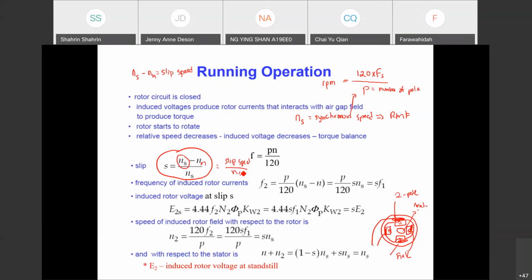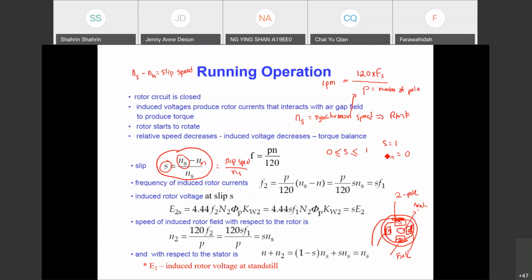Okay, so slip here is actually a ratio. There's no unit, and it can go from 1 to 0. When S is equal to 1, meaning that your motor speed is 0, your motor is actually in a stationary position.